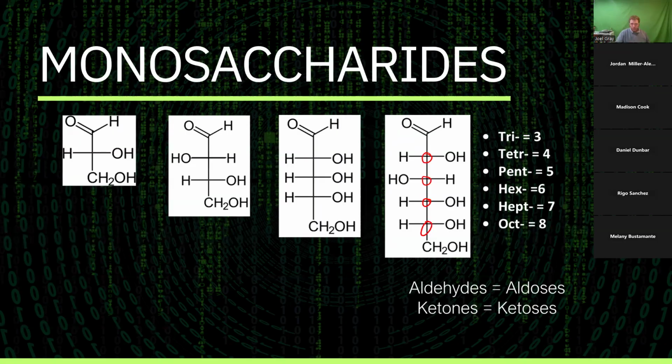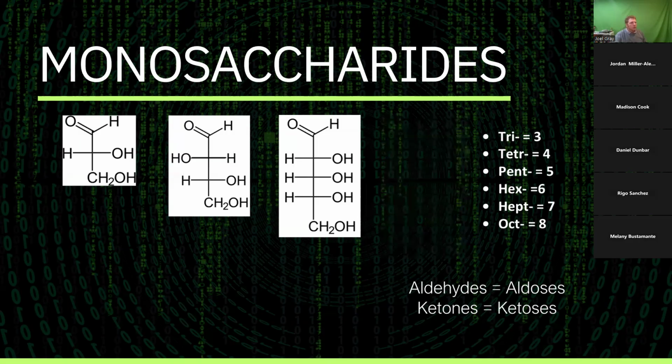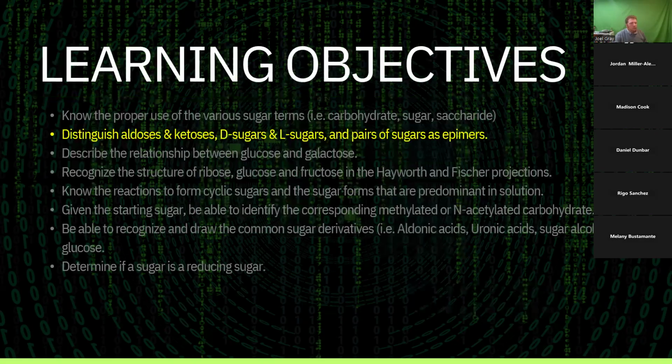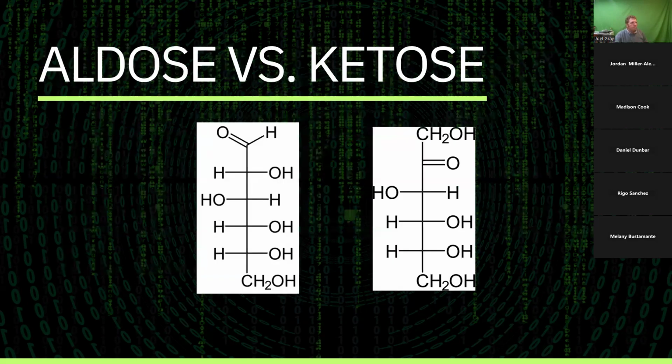Now, when we talk about sugars, we talk about aldoses versus ketoses, and pretty much everything that we've looked at to this point in the slide deck is nothing but aldoses. Now, the next thing that I want you guys to be able to do is use that information regarding an aldose or ketose. For example, on the left-hand side, we have an aldose, and on the right-hand side, we have a ketose.